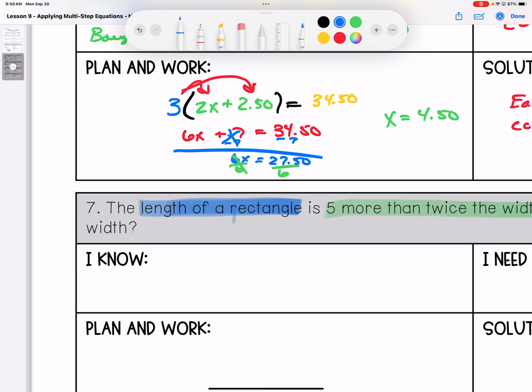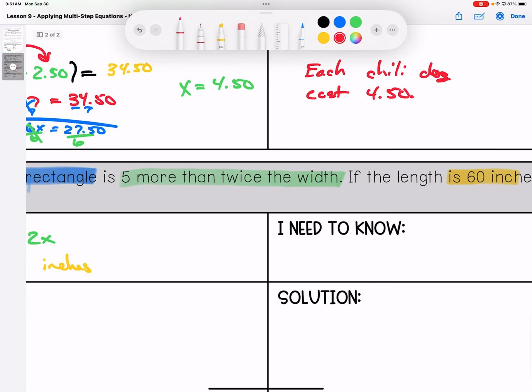We know the length is 5 plus 2x, and we know the length is 60. What do I need to know? I need to know what is the width.